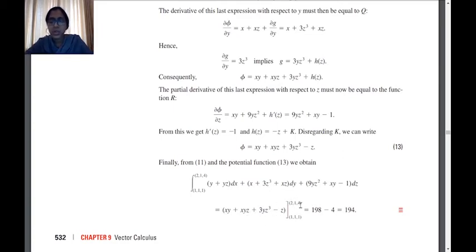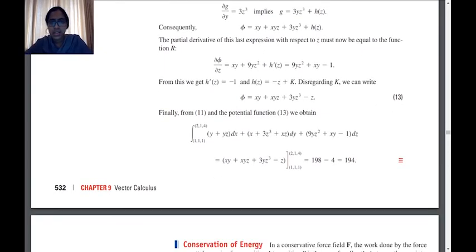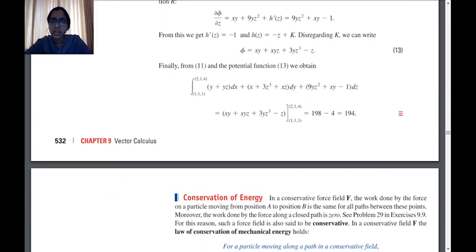We'll substitute (2, 1, 4) and (1, 1, 1), and we'll obtain 198 minus 4, which is 194. So this is how we do the problem to find the potential function of a conservative vector field. So this is an example. We shall do more problems as assignment to make the concept thorough.